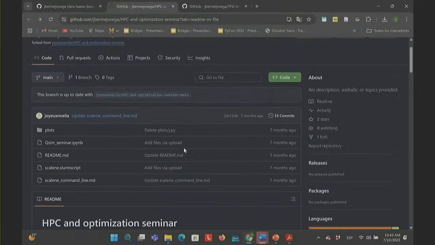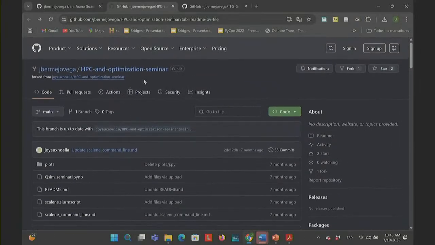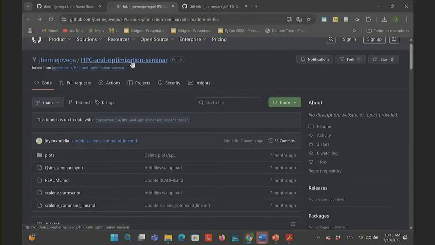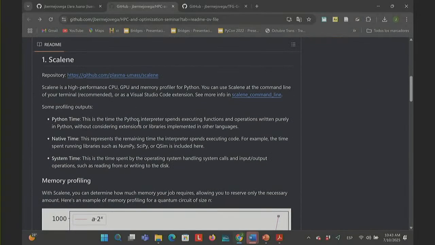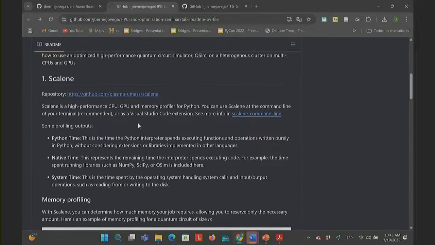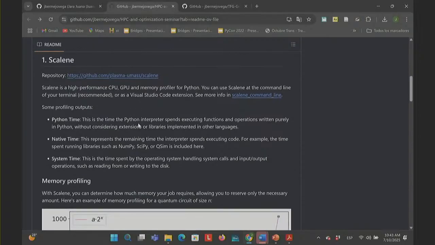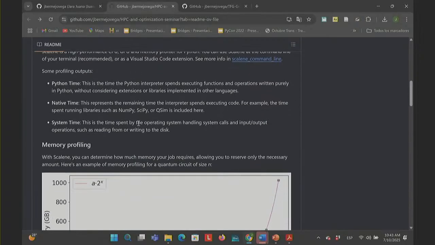But just to give you an idea, for instance, one of my students, Noelia Sanchez Gomez, made this repo, which is a nice resource if you want to learn a bit of HPC and optimization. It's a tutorial on optimizing the QSIM library, a Google library to do simulations in a cluster. And you can read here how to install something like this, how to use profilers to measure how your code is working.